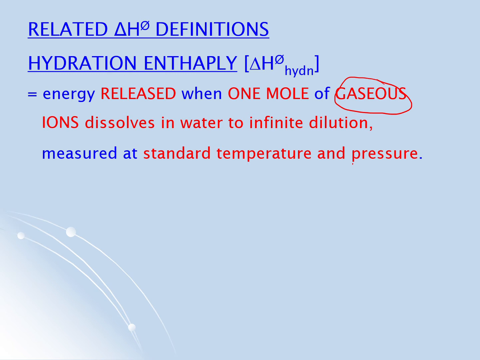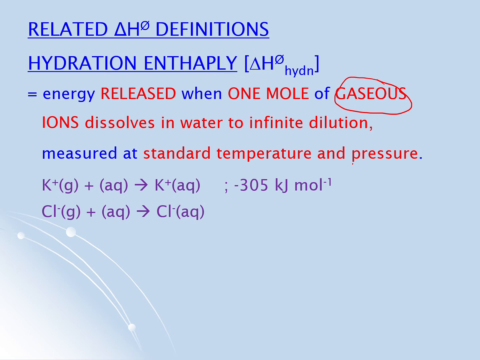This is now where we take those gaseous ions and we dissolve them in water. So if we go from the solid to the gaseous ions, that's lattice enthalpy, the gaseous ions to hydration enthalpy, then we now have that solid dissolved in water. We'll create some little Hess's law cycles later to illustrate that. So if you were asked to write an equation to illustrate this, that's the sort of thing that you're after there.